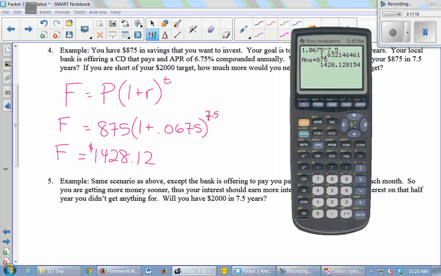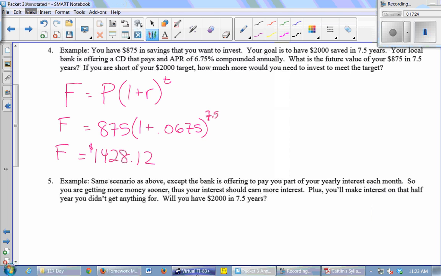That's the future value of $875. All right, so I didn't reach my target of 2,000, right? I wanted to have $2,000 in there. How much more do I need to invest to meet my $2,000 goal?